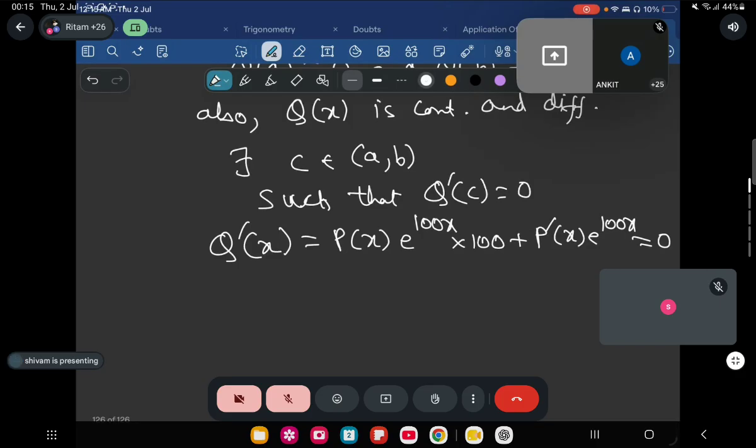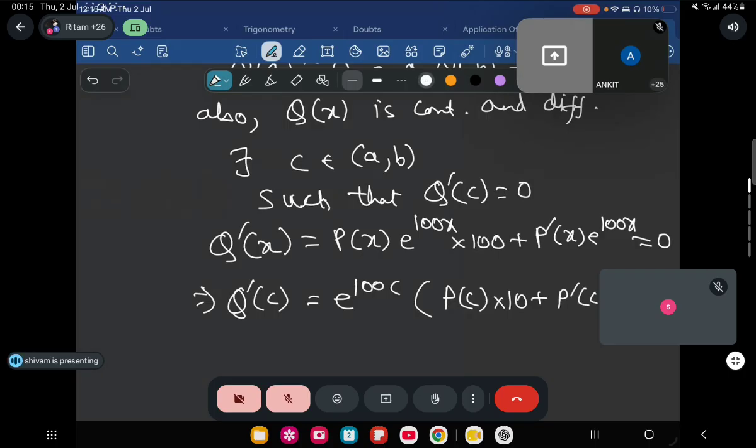So what is q dash c? From here, e to the power 100c is common. Within brackets, you are going to get p of c into 100 plus p dash c. This is equal to 0.